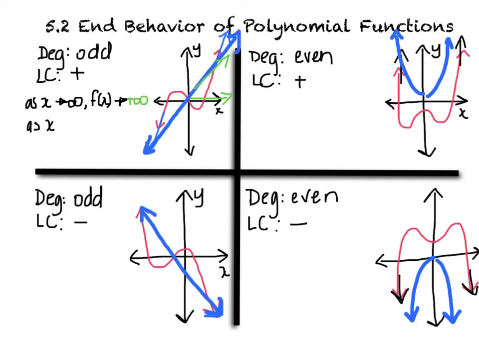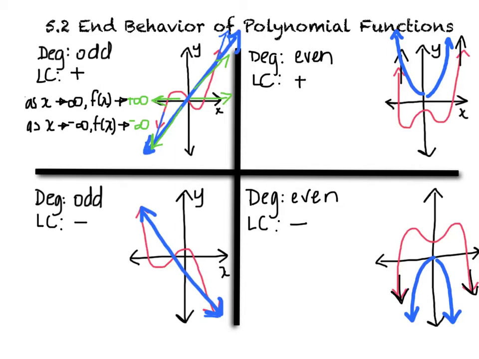As x approaches negative infinity, what does the function approach? Again, as x approaches negative infinity, so as my x gets smaller, what's happening to my function? It's also approaching negative infinity. And you will have to be able to write this sentence out. So let's jump down to the bottom one.